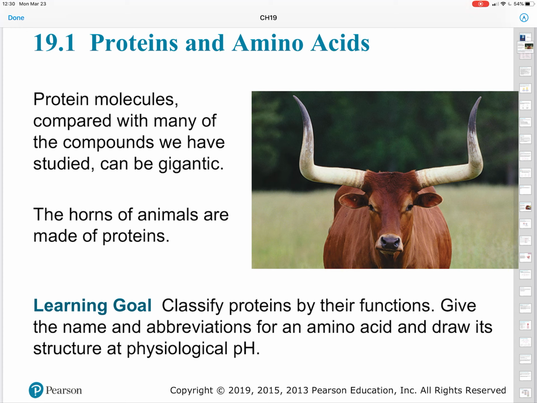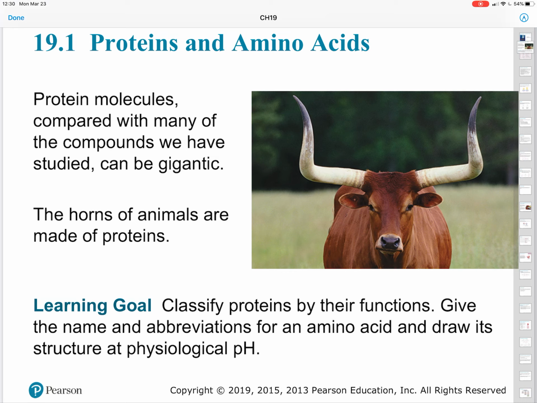I'm talking about the ones that are dissolved in the cytosol, the insides of your cell, and those are important because a lot of the time those are enzymatic, meaning that they do some sort of chemical reaction. And disease is often related to something going wrong with those particular types of proteins.